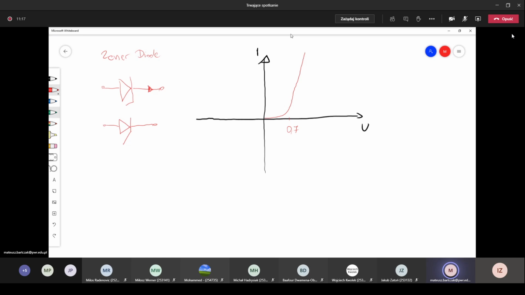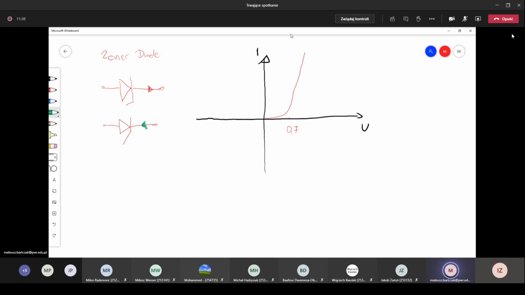But the most common use of the Zener diode is in the reverse mode. We are using the Zener diodes in the reverse mode, when the current flows in the reverse way.